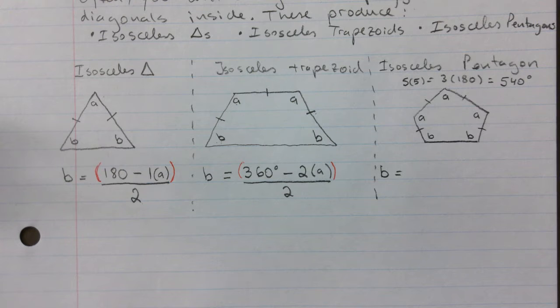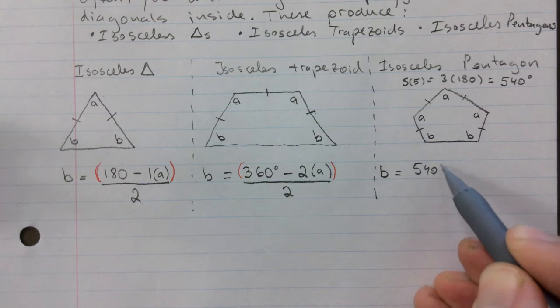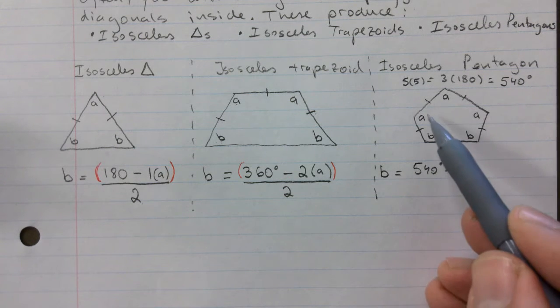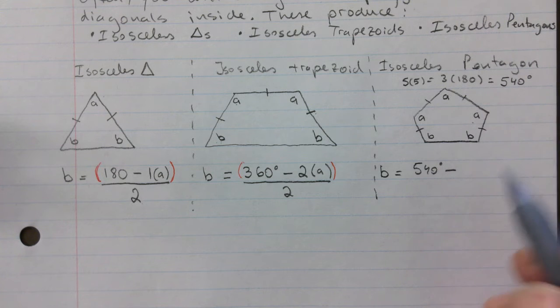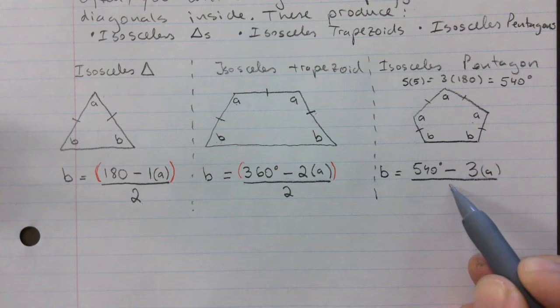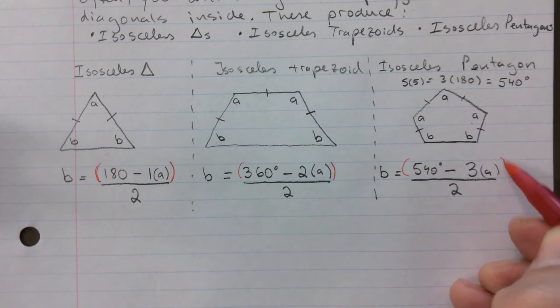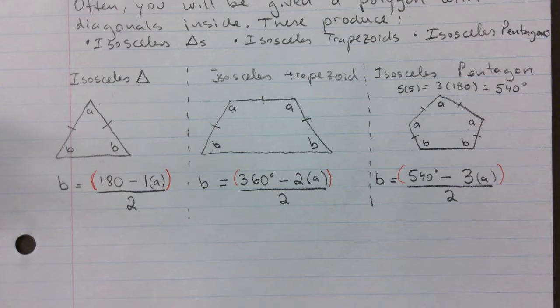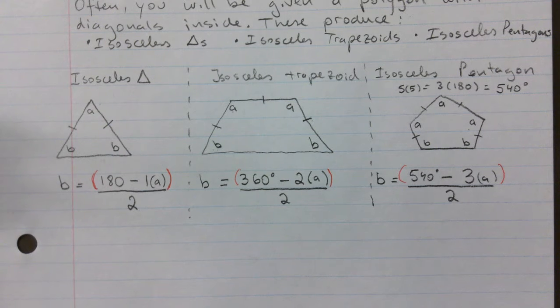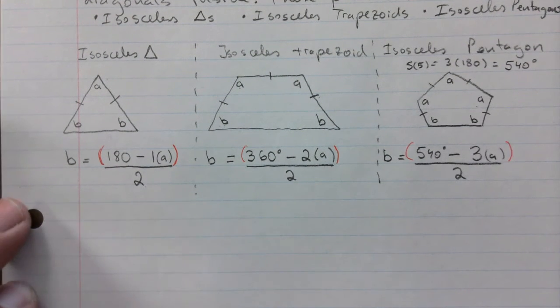So if all of them add up to 540, I subtract 1, 2, 3 A's and divide that by 2. Study sheet material, hint, hint, wink, wink. I will box this in.